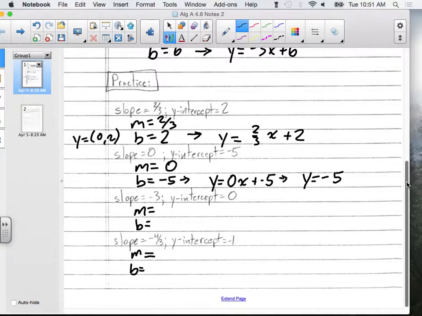Down to 0, -5, right? Now we have 0 slope, a horizontal line. So if we are at 0, -5, and we have a horizontal line, what's that going to look like? Just straight left and right at -5, right?